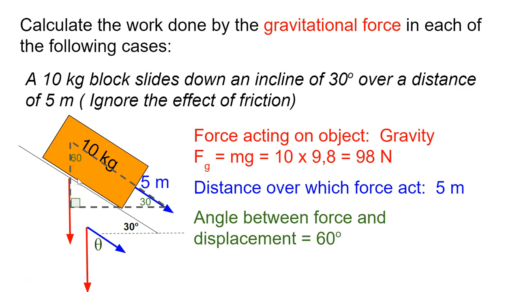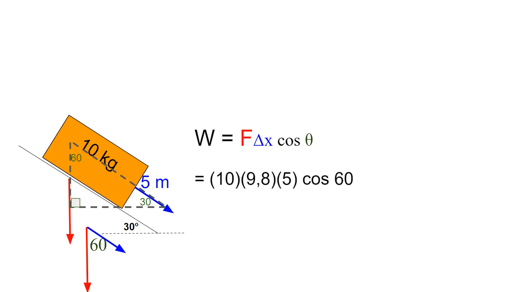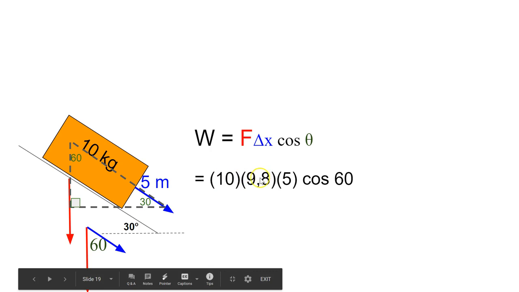And once you've got that, you can pop in all the different values in your equation. So we have the work done is equal to force times distance times cos of the angle. We know the force that is acting is mass times gravitational acceleration. The mass is 10 kilograms times the acceleration.